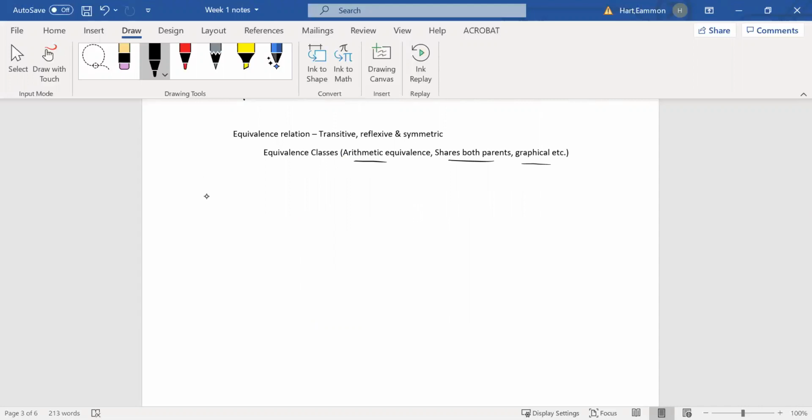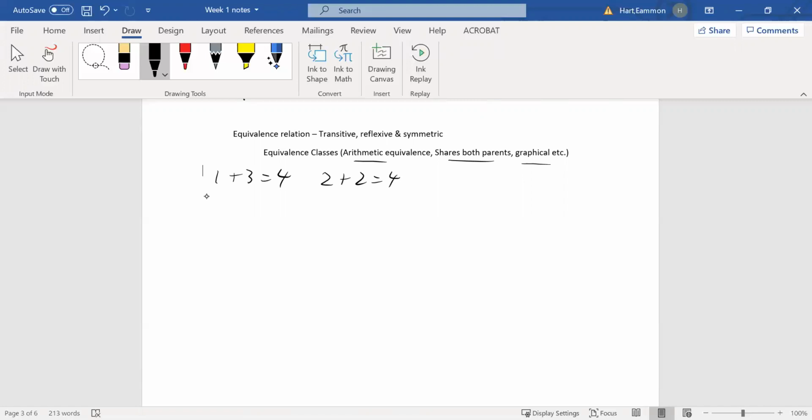Arithmetic equivalence is the only one that we haven't talked about, but if 1 plus 3 is equal to 4 and 2 plus 2 is equal to 4, we can clearly see that 1 plus 3 is going to be equal to 2 plus 2. 1 plus 3 is going to be equal to itself. Any number is going to be arithmetically equal to itself.